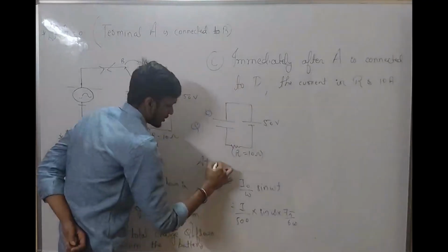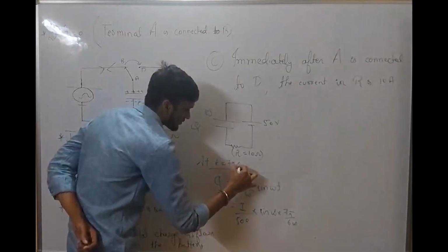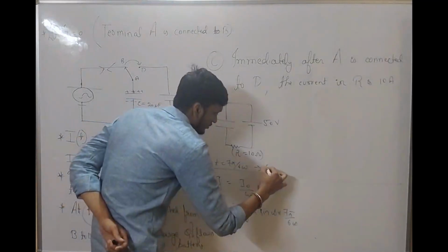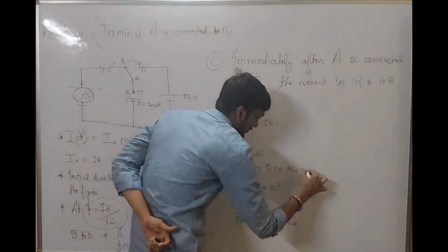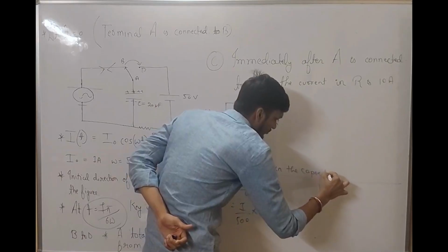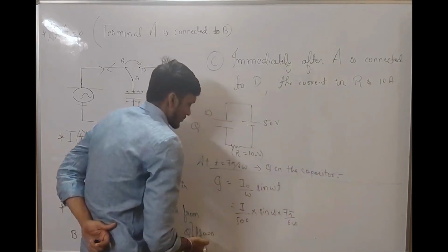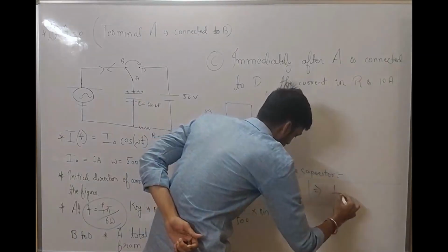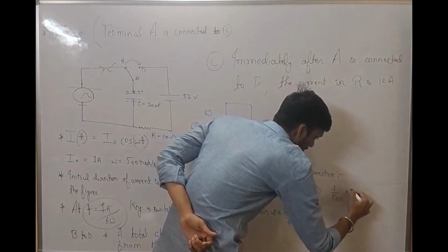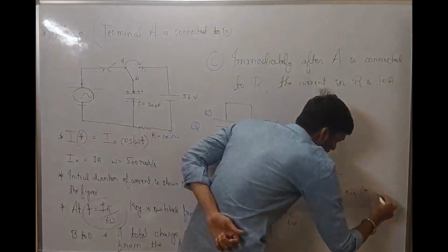At t equals 7 pi by 6 omega, the charge q on the capacitor is 1 by 500 into sine of pi plus pi by 6.